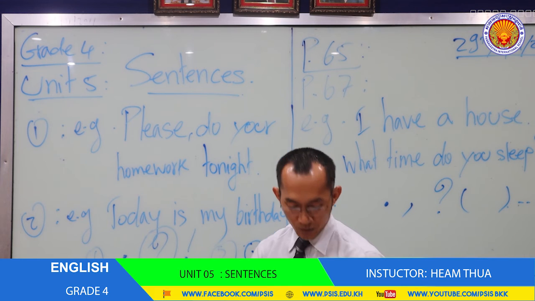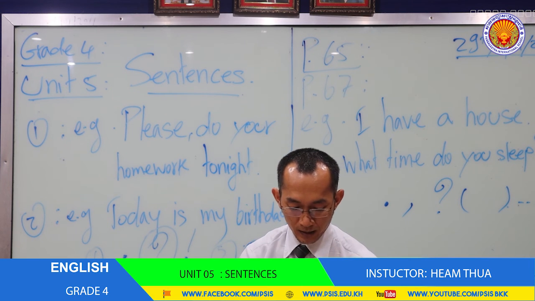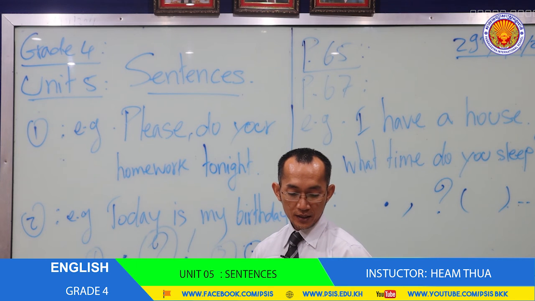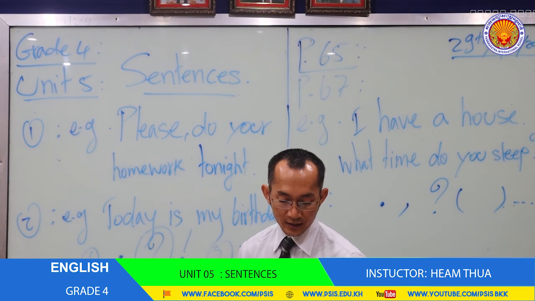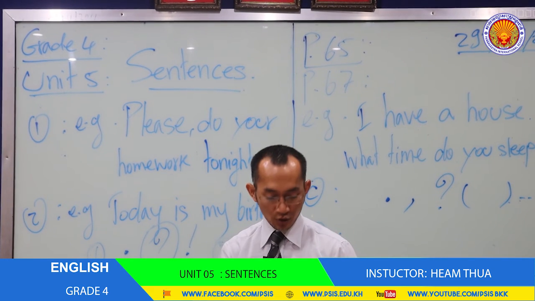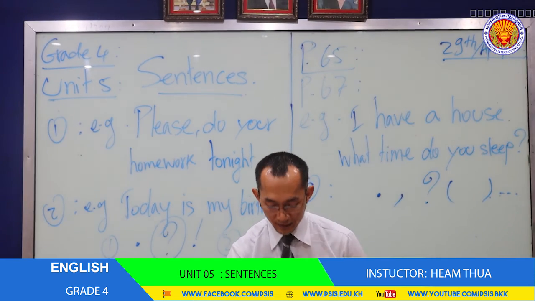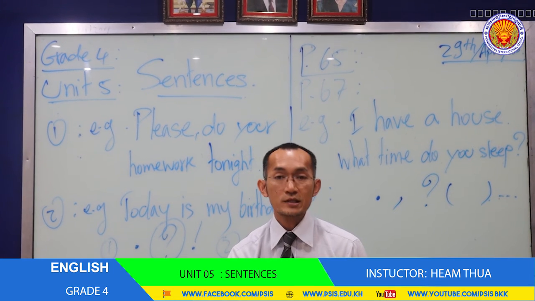This page is the last one, page 70, okay? On page 70, we just want you to remember all the sentences from the previous pages that I just taught you, from page 65 to page 69, okay?